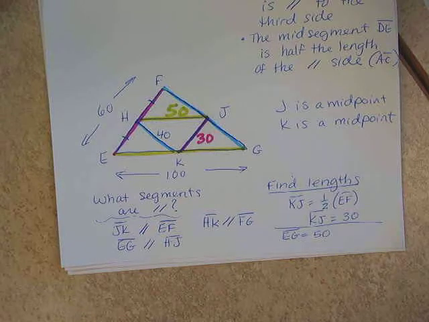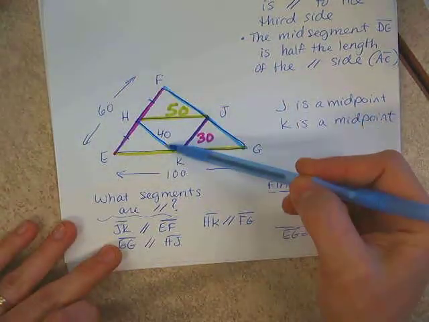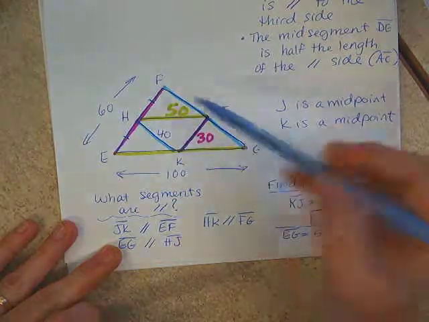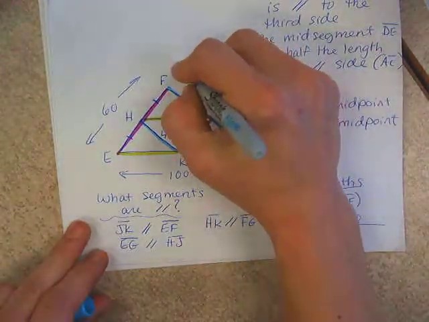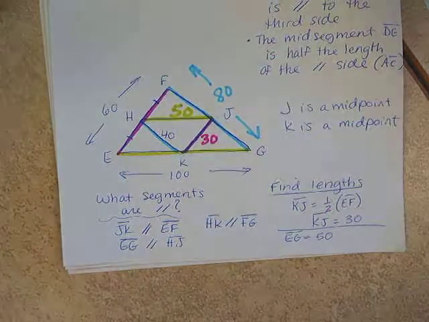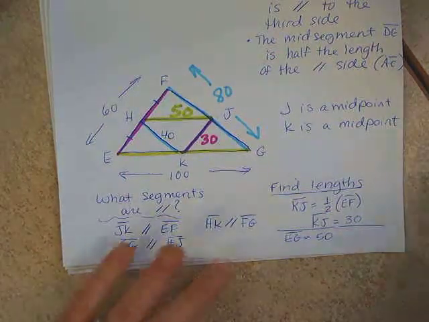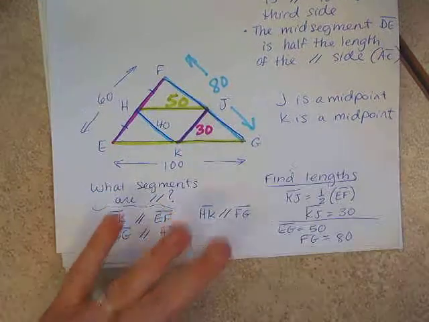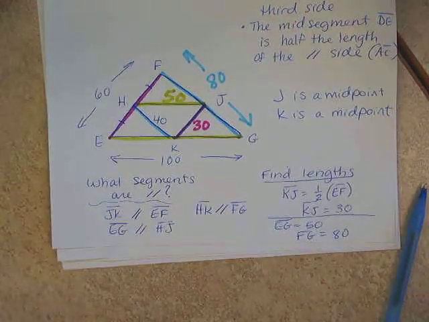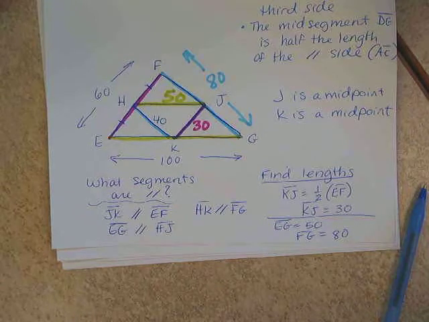And then the final one, okay, if HK is 40, then how can we use that to find FG? Yeah, it should be half of FG, or FG should be twice as big as HK. So FG should be 80, yes?